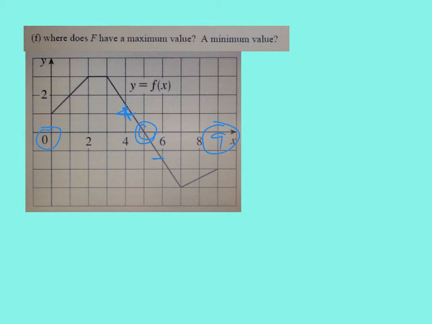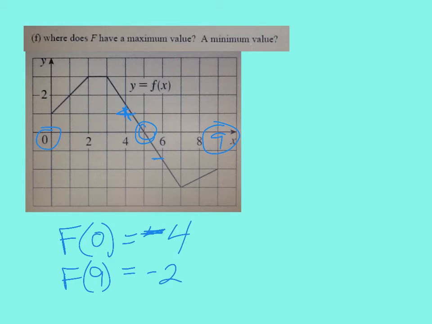Well, if we go back to part A, we saw that F of 0 was negative 4. It was negative 4. And F of 9 was negative 2. Now, after 0, we're actually getting bigger. They're all positive, so we're going up to that maximum value at 5.